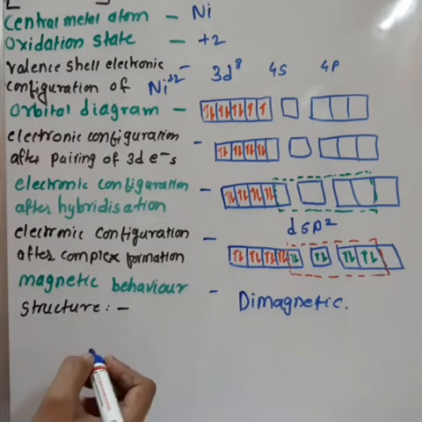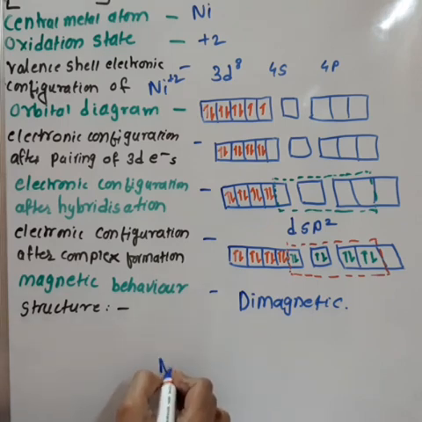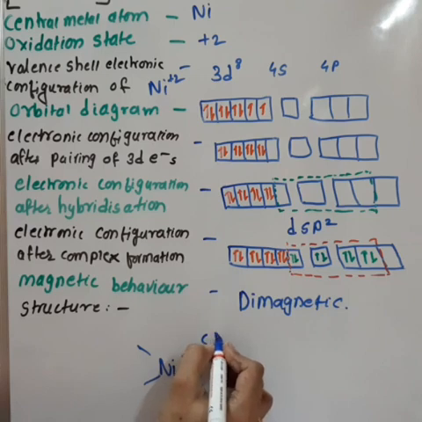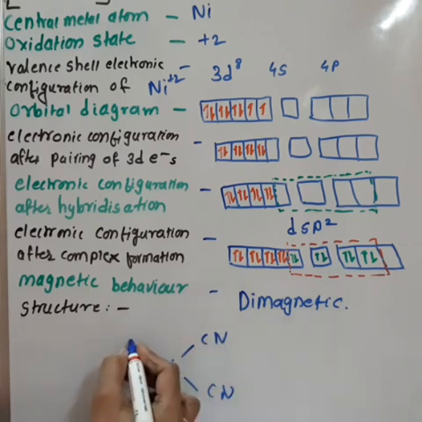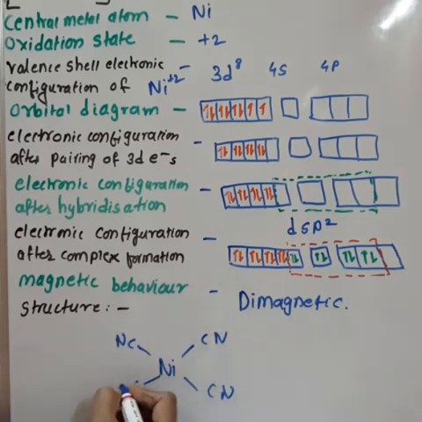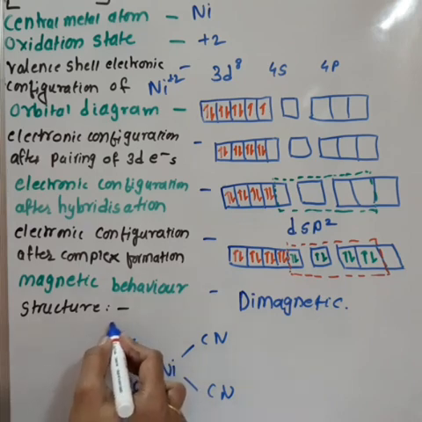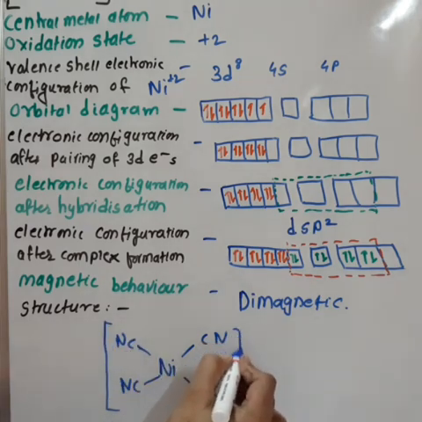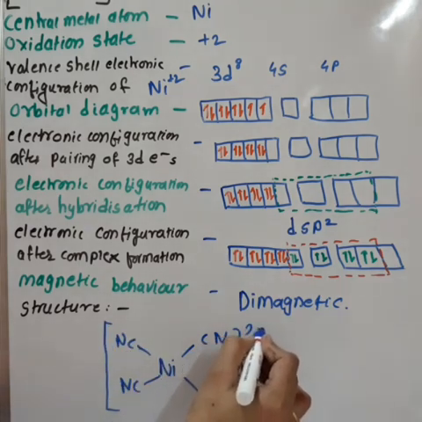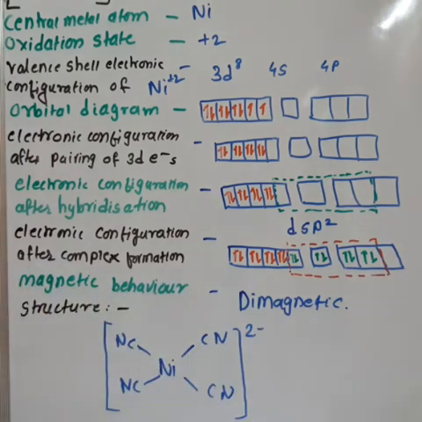The structure of this complex is square planar, Ni with 4 CN ligands. So this is the structure of the Ni(CN)4 2- complex.